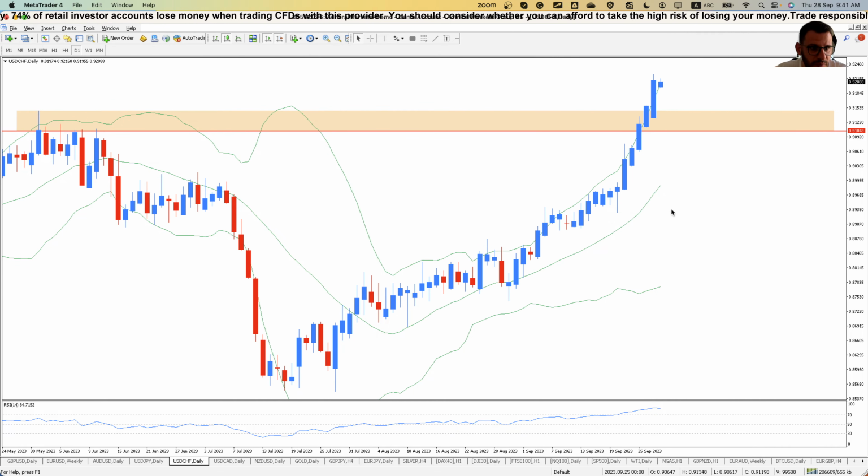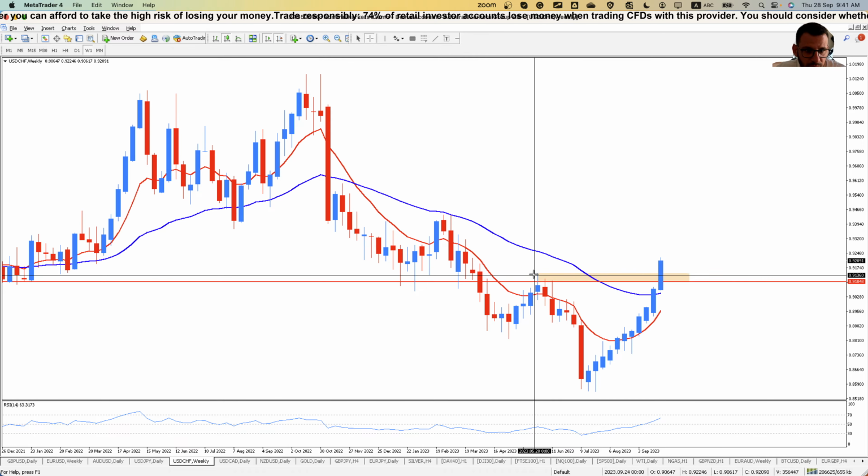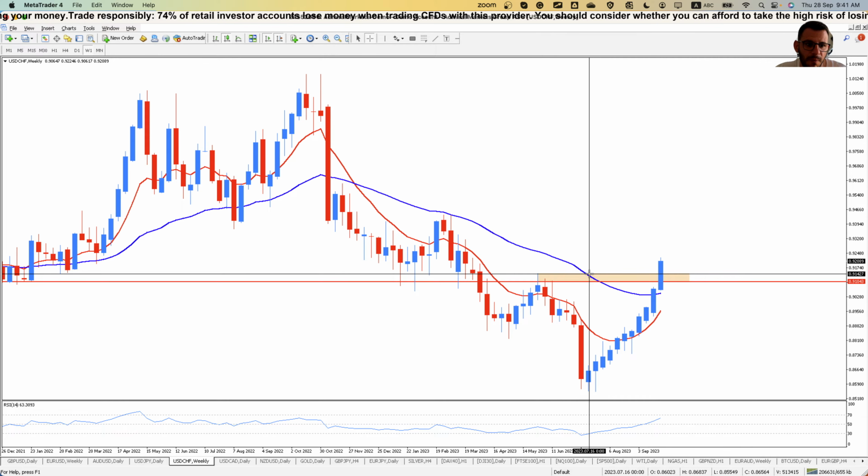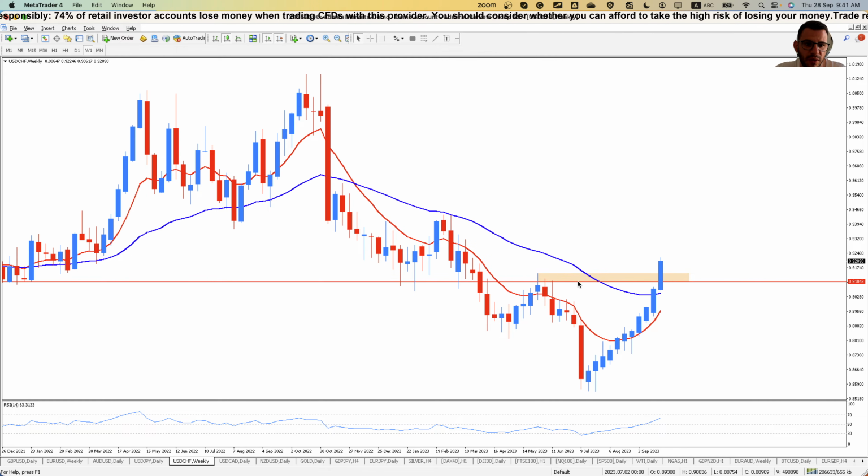Either way. Next, yesterday on USD CHF, I commented on a potential bearish engulfing here. It never happened. The market has now shifted into a potential uptrend because we have this higher high on the weekly chart. That was the market structure on the weekly chart.